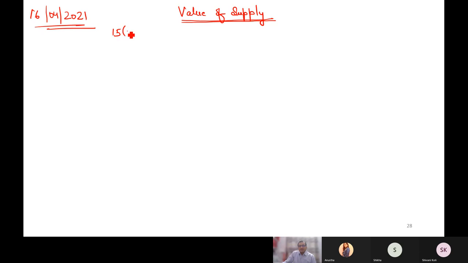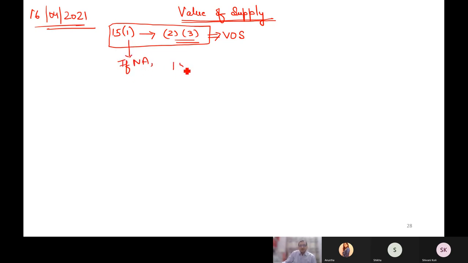So the precise thing is 15.1 gives you the value of supply. It takes the help of 15.2 and 3 also. So this all is one concept to determine value of supply. I hope you agree on this point with me. In some cases, when 15.1 is not applicable, condition is only if not applicable, then you take the help of 15.4. It will give you the value of supply.